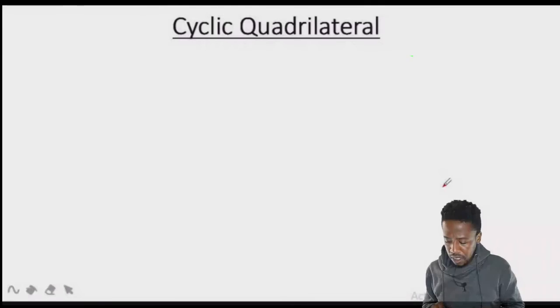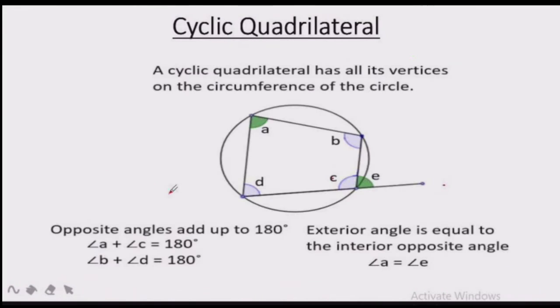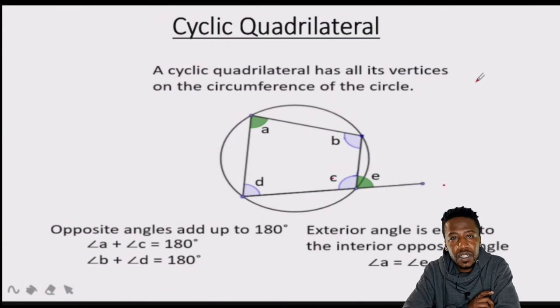Of a circle. Now let's look at this theorem. It says a cyclic quadrilateral has all its vertices on the circumference of the circle.